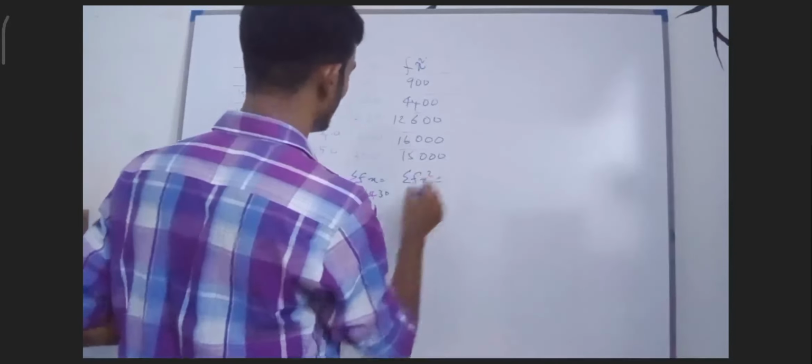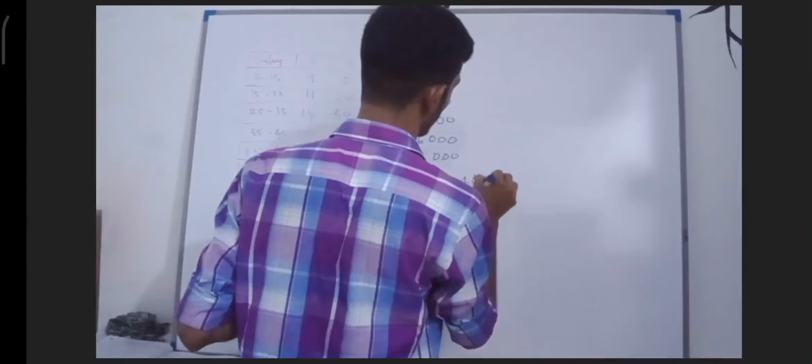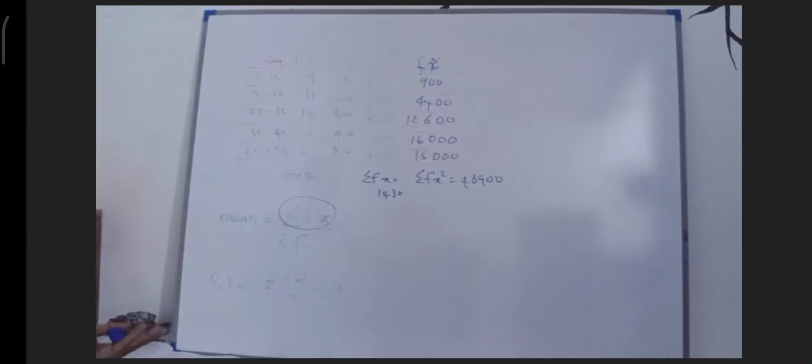Summation of fx squared is equal to 900 plus 4400 plus 12600 plus 16,000 plus 15,000, which is 48,900. Right. Now, after writing these two equations, it is just substitution.